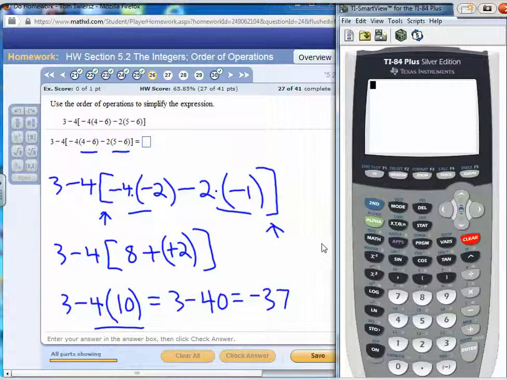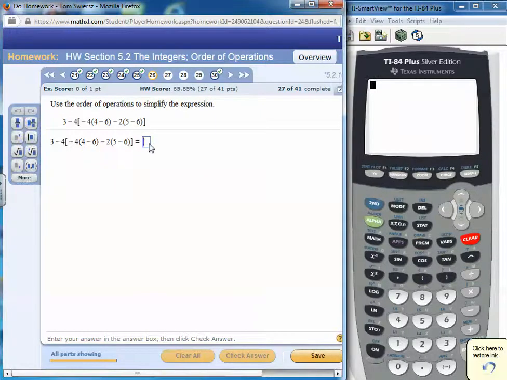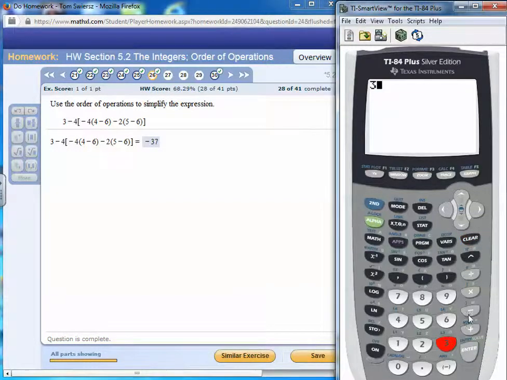All right, let's put that in to verify we have the correct answer. Again, on the calculator, we can do it all in one step. 3 subtract, then a 4. Always use parentheses, never brackets on the calculator, because that means something different. So there's a left paren, then it is actually a negative 4, because it's times, not an operation. Then it's 4 subtract 6, using the subtraction sign because it is a subtraction.